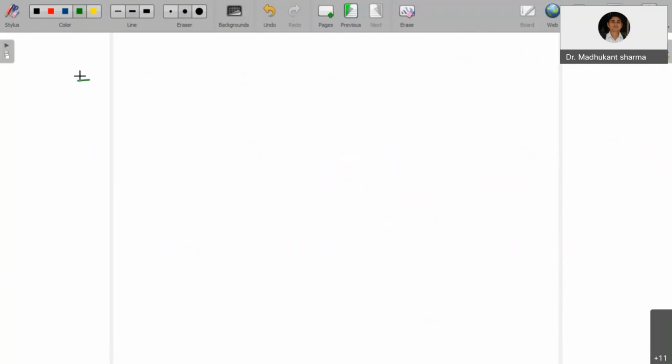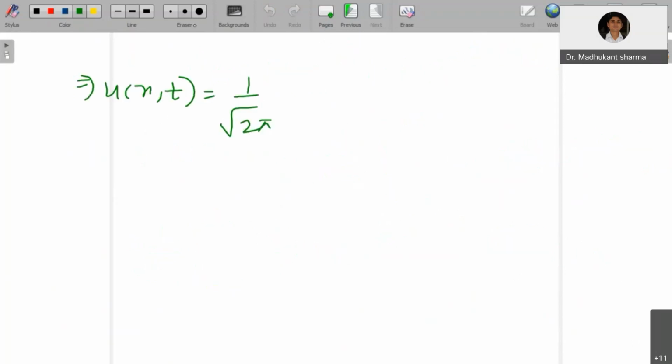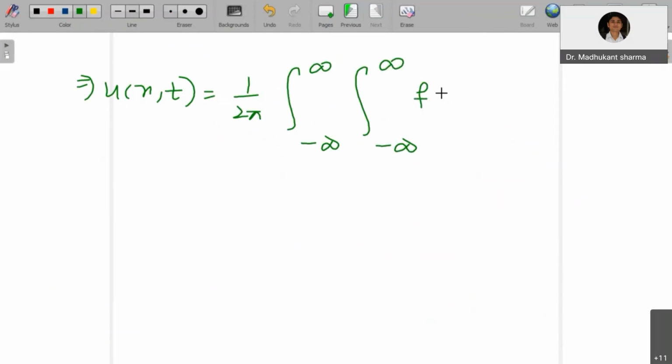Now what will be further? This implies u(x, t) is equal to 1 upon square root of 2 pi, and one more time it will come from here, so it is going to be 1 upon 2 pi times integration minus infinity to plus infinity, integration minus infinity to plus infinity, f(v) e to the power minus i w v dv.